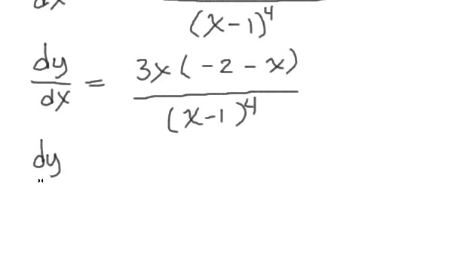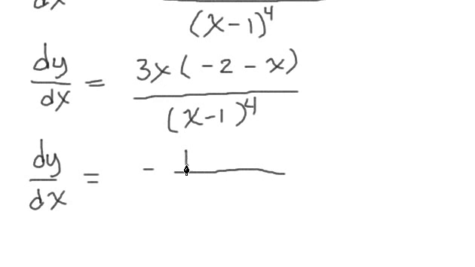Rewrite this thing one more time so we can start taking the second derivative. So I'm going to factor out a negative, but I'm also going to multiply this 3x across inside.